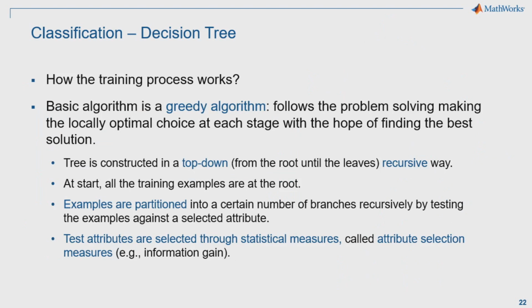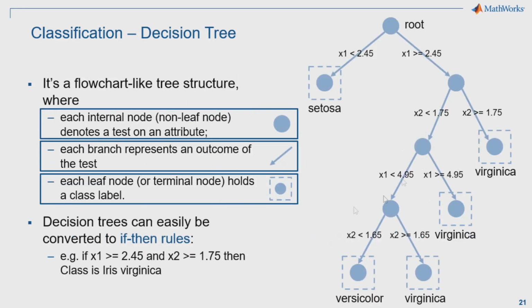Now, this is maybe something a little bit more complex: how the training process works, so how we build this structure, because this is an already trained tree. The inference process works just by testing a sample against the decision tree. When you test a sample, you start by testing its attributes, and based on the outcome of these tests, the decision tree classifies the particular data point.